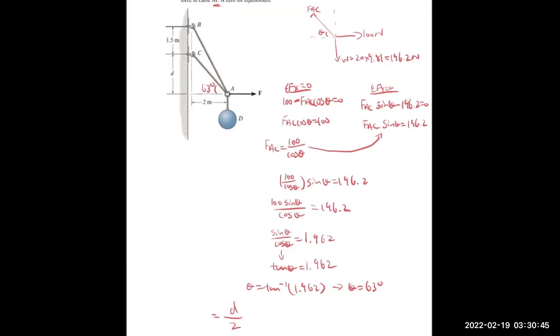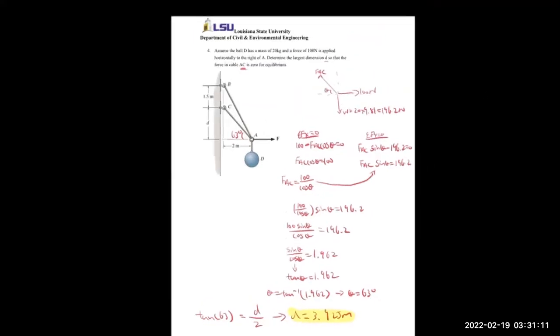Angle for tangent, 63, okay? And then we simply find out that d is equal to 3.925 meters, okay? And that's it for problem 4.